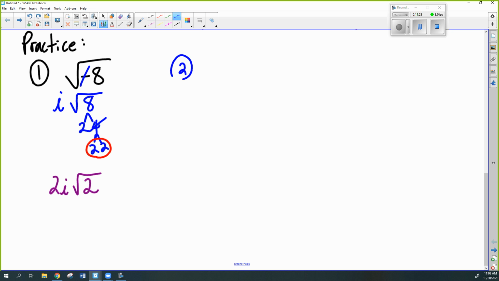All right, let's do another one. How about the square root of -48? And I'm going to throw some other letters in here. I don't know how often you'll see it, all right? But the process is the same as when we did it with all the other letters.